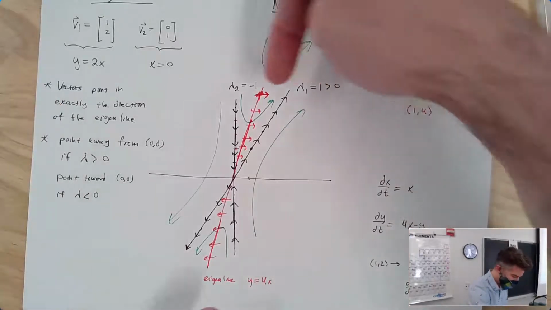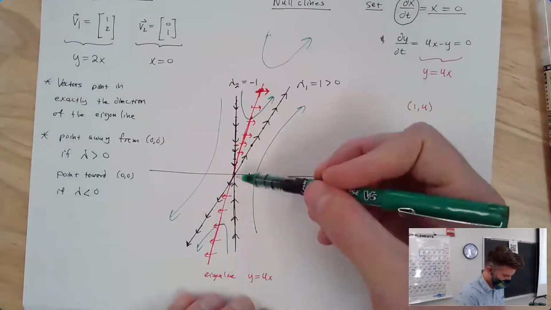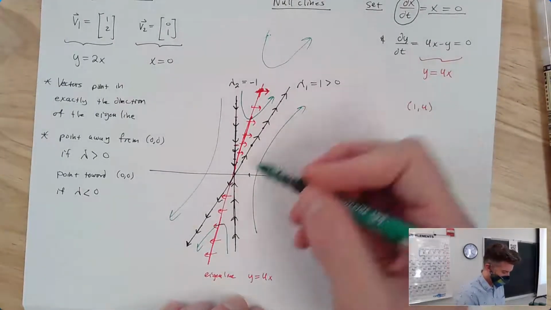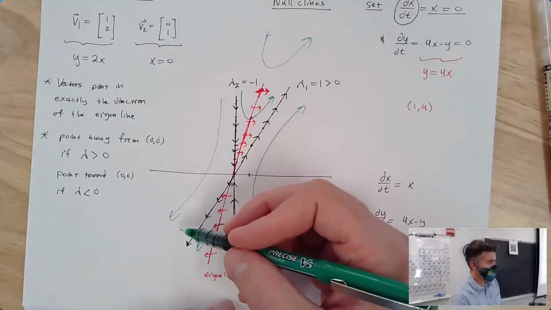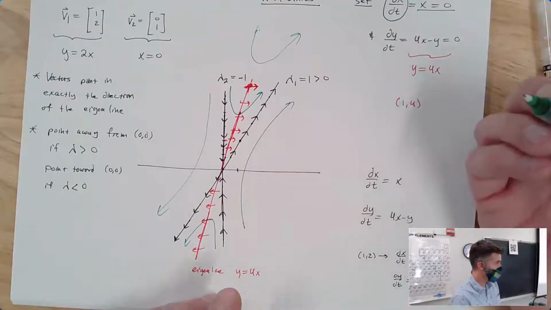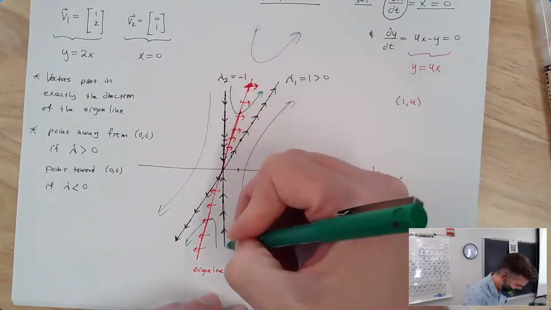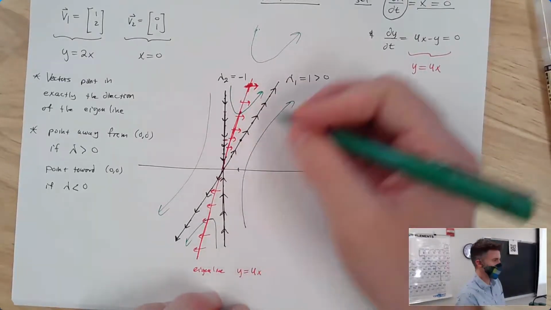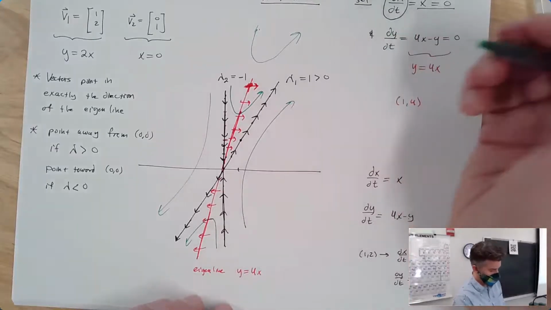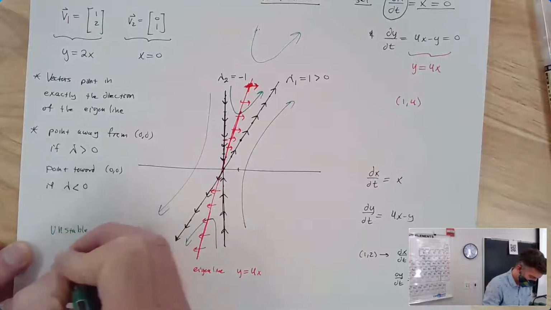Along this eigenline, we're going in towards the equilibrium, and along this eigenline, we're getting pushed away from it. So this is generally considered to be an unstable system, because unless you start literally on the eigenline where you're getting pushed towards it, you're going to get pushed away from it. So it's unstable, and it's a saddle.